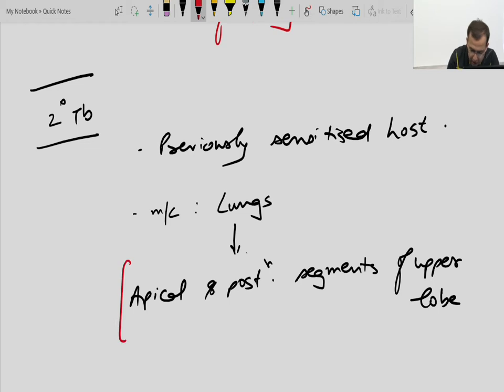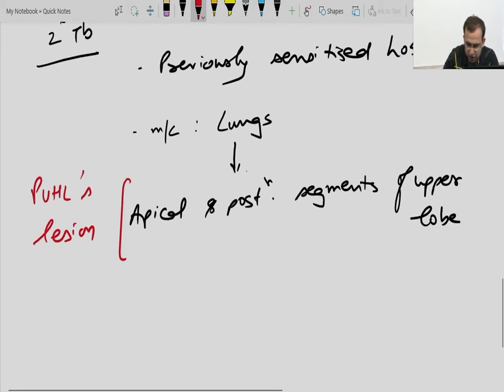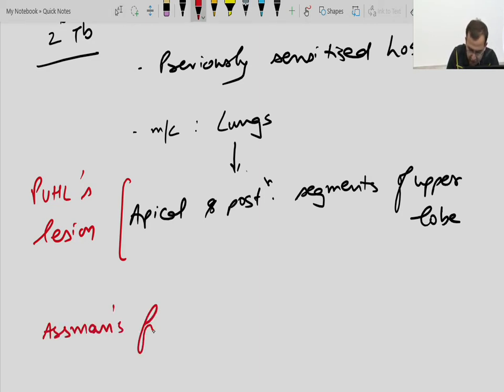This lesion has a special name, called Puhl's lesion. Next, there is another named lesion called Assmann's focus, which is the infraclavicular lesion.